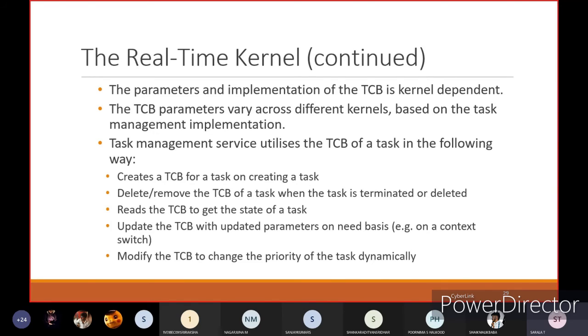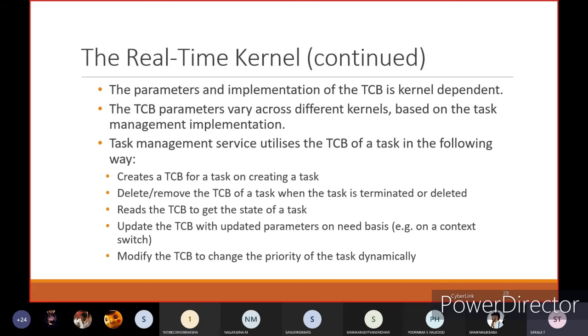Depending on the type of task management we are using, the parameters present in the task control block will also change. Task management services utilize the TCB of the task in the following ways. One is creating a TCB for a task, or creating a task.